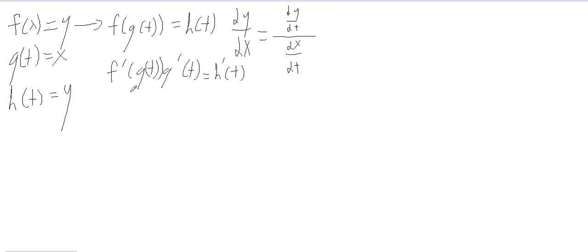Now if we use algebra to move stuff around, specifically we move this g prime of t to the other side of the equation, that gets us f prime of g of t equals h prime of t over g prime of t.